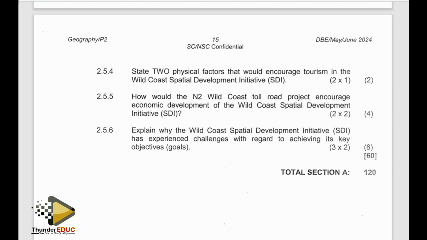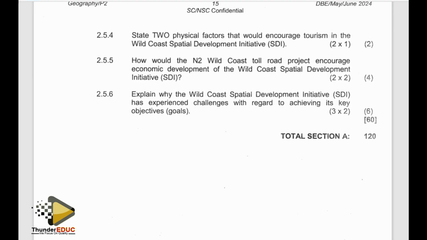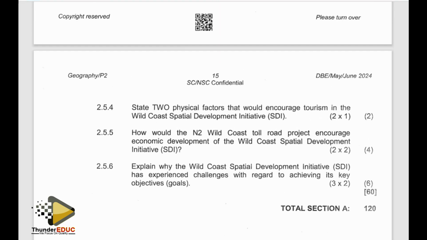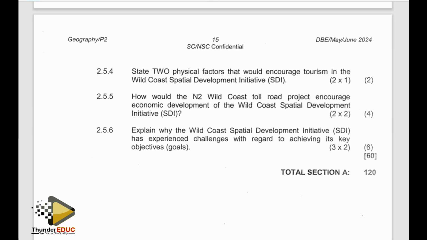the argument of maladministration by the government, whereby we tend to find that maybe some funds which will be allocated towards the realization of positive results from the SDI are misused or channeled towards personal use, and that is going to affect the rate at which we are going to realize our positive results from the initiative.